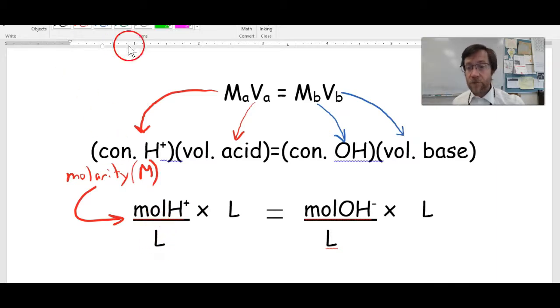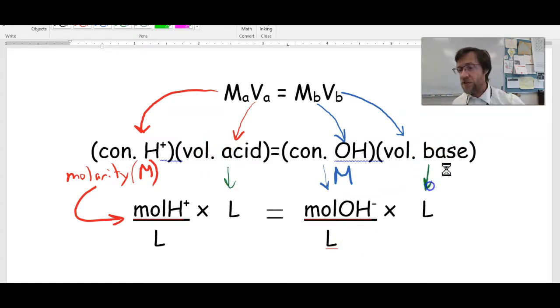So the same thing over here. The concentration of the hydroxide in molarity is moles per liter. That's really cut and dry and simple. And volume is liters. Like liters is liters, right? So what we end up with here is on the left, it is moles of hydrogen ions divided by liters times liters.